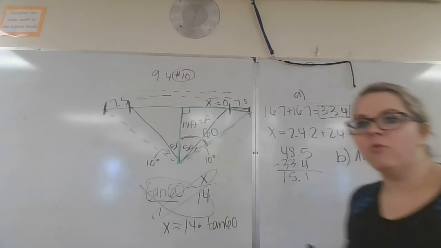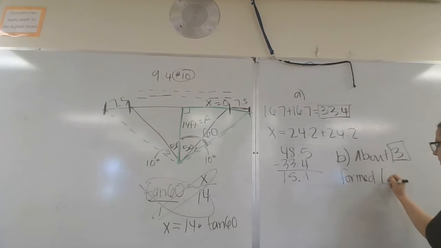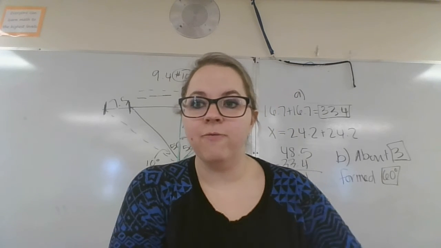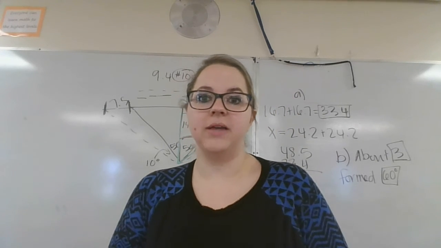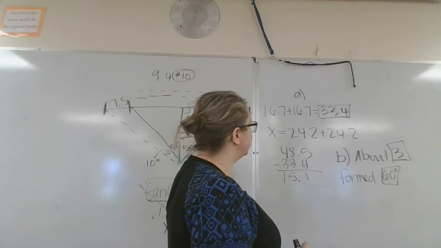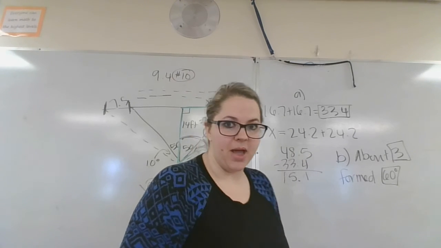The triangle formed by the 60 degree angle, it says formed, and here is 60 degrees. That's another one of the answers. So the triangle formed by the 60-degree angle has an opposite length that is about, so how big is this opposite leg here? Well, 24.2.